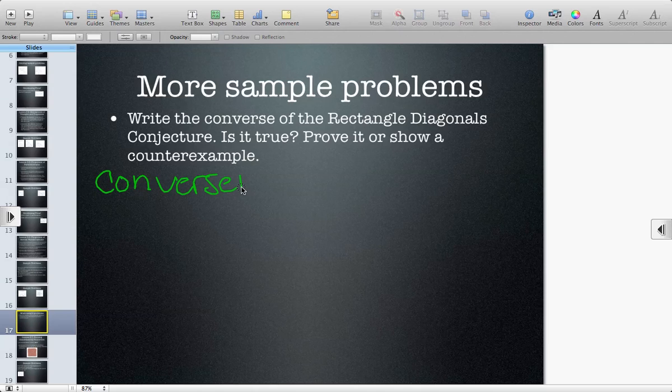So the rectangle conjecture stated that if it's a rectangle, then the diagonals would be congruent and bisect each other.